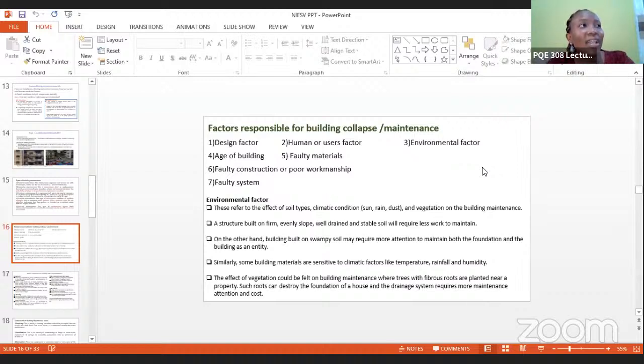So the person you are giving your work to at the design level, if they miss assessing the loading... Another thing is the life load. We can call it life load, and we can call it imposed load. Those are the loads that are not permanent on the building.